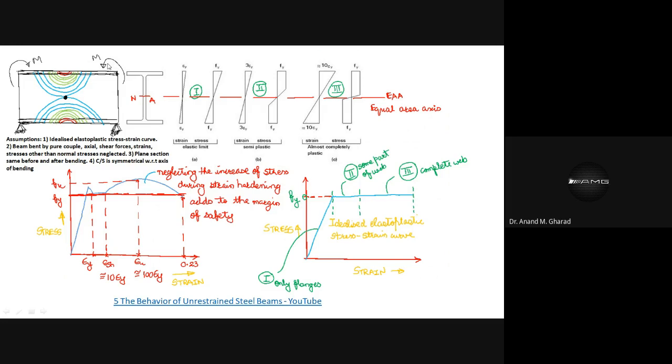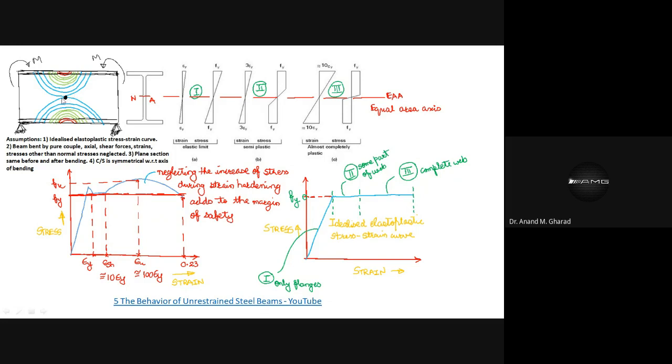Then finally we will increase the load in such a way that these stresses are developed in the compression as well as in the tension phase, and we will achieve a point wherein the cross section is reduced drastically, and with a further increase in the loading, at this point there will be a failure.